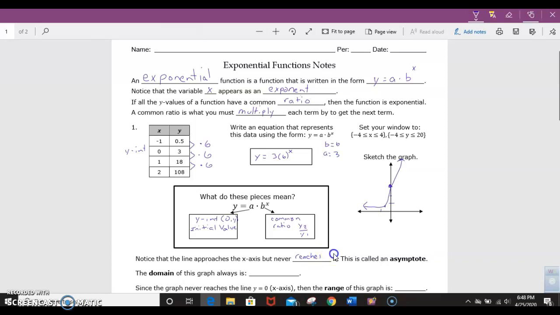So an asymptote is going to be this imaginary line that we approach, but we're never going to reach it. Since our asymptote is the x-axis, that would be the line y equals 0, because it's a horizontal line.